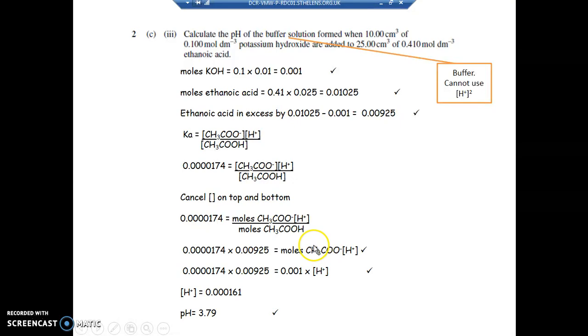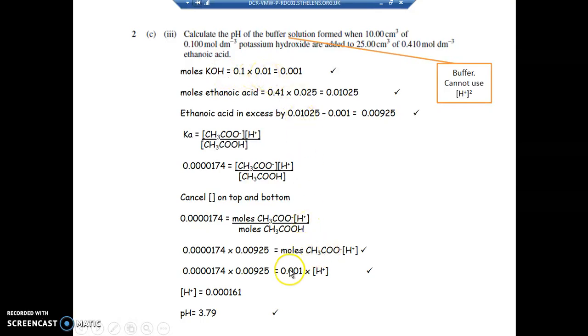Okay, I still can't work out the H plus concentration, which I'll need to work out the pH, because I don't know this one. And this is the next little trick. The number of moles of CH3COO minus, which is an ethanoate ion, is the same as the number of moles of your base.